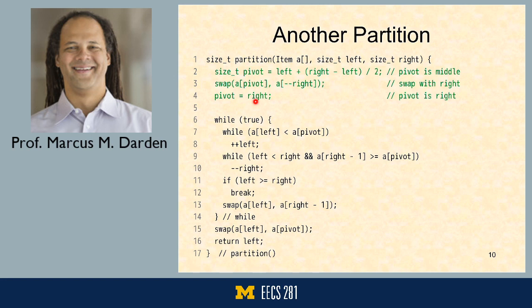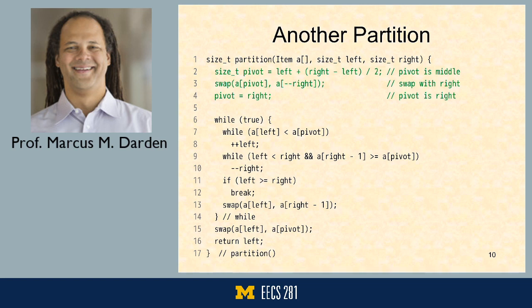Before it sets the pivot up to be that last item, it changes that last item to hold what was in the middle of the range when this particular partition started. So this is just another way to do it. Obviously there's a little bit more overhead in that, but it's a way to improve quicksort.